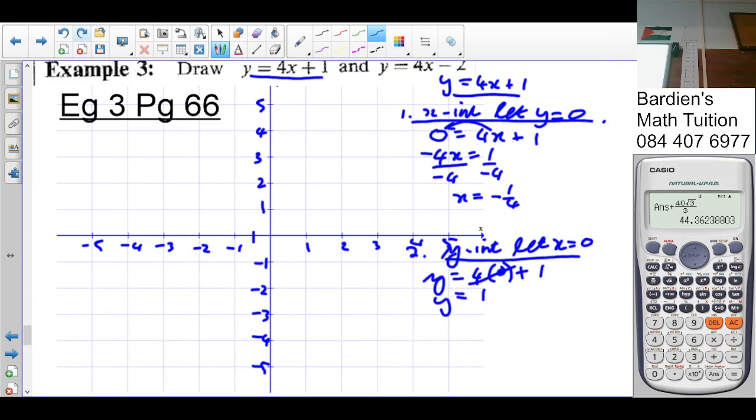If that is negative 1, then negative a half will be there, and negative a quarter will be approximately there. So that's negative a quarter there, and 1 which is there. So negative a quarter and 1. I take my ruler and I draw the graph going through those 2 points.